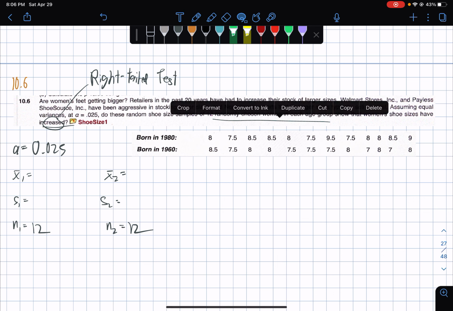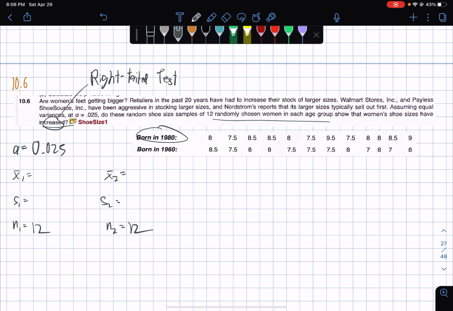Okay, so this is what we're given. Let's say this is for the first and this is the second. Those born in 1980. Oh wait, I think we should start with the earlier year first. That's 1960.